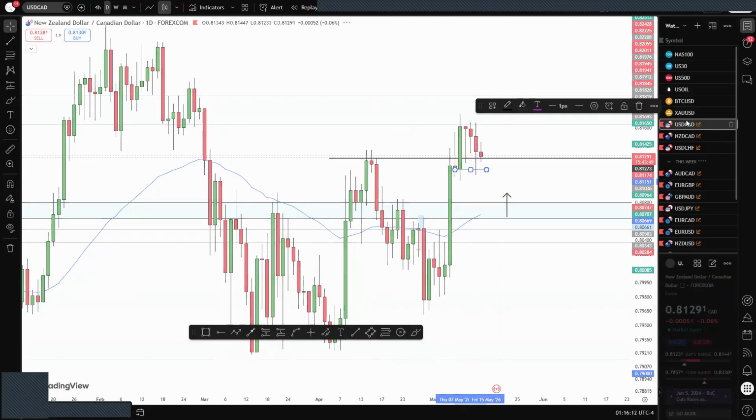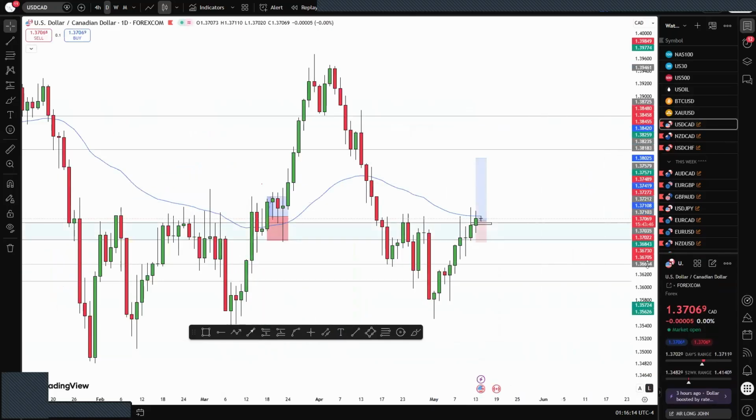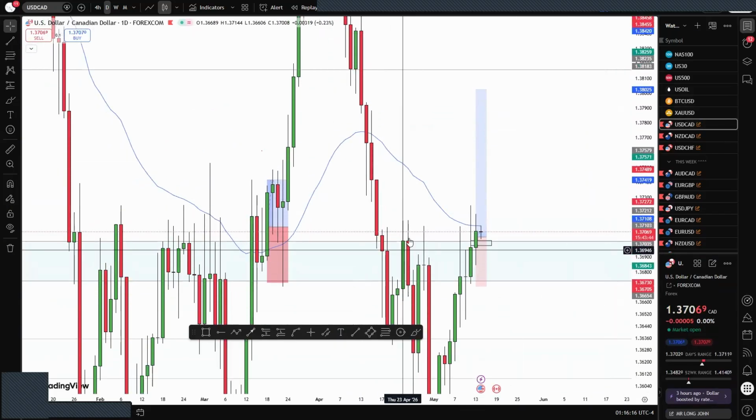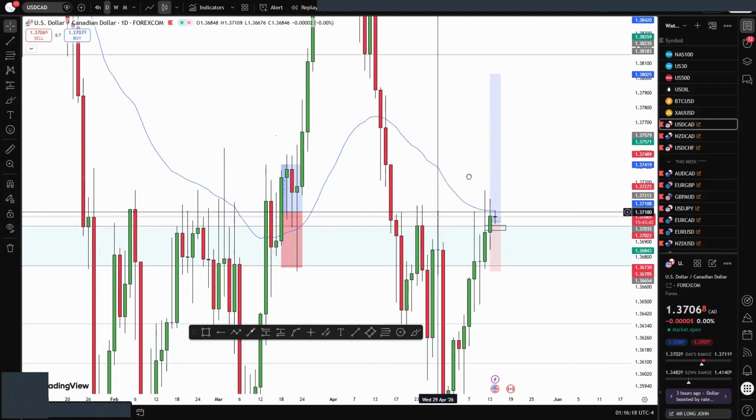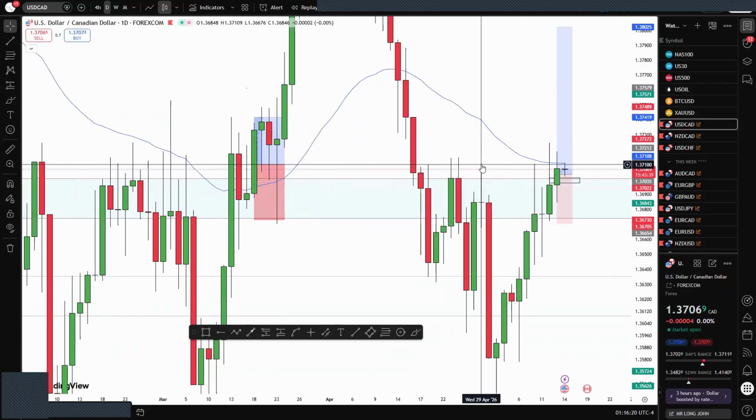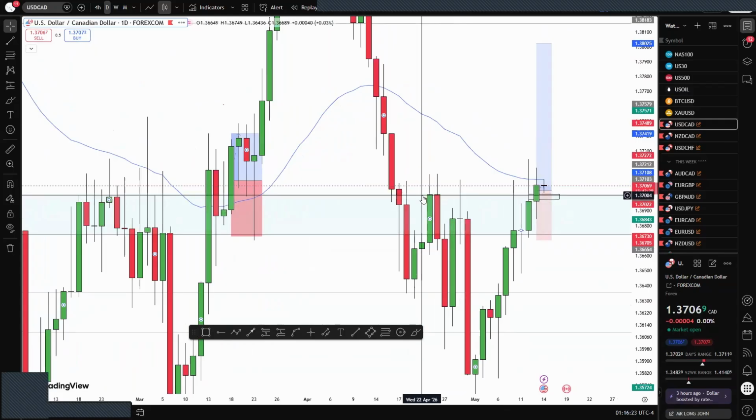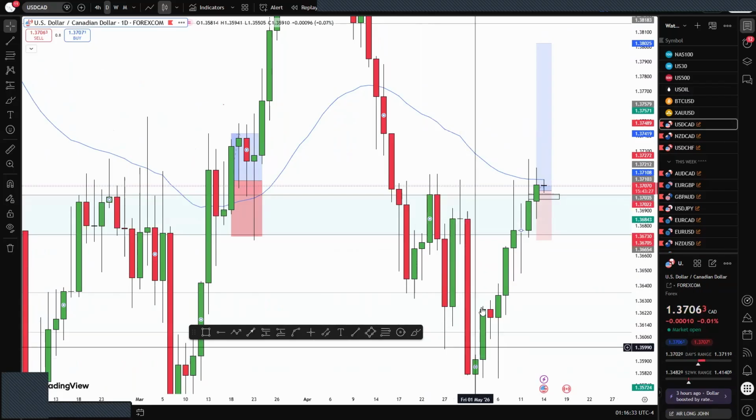Then lastly, the trade we entered, you can see price closed above this zone, which is a good sign. Because now we are trading above this level. This was our lower high, but this was also another lower high before price made the new lower high.